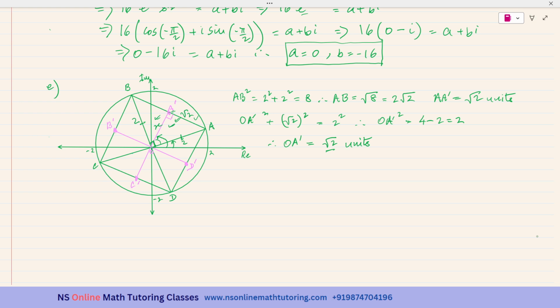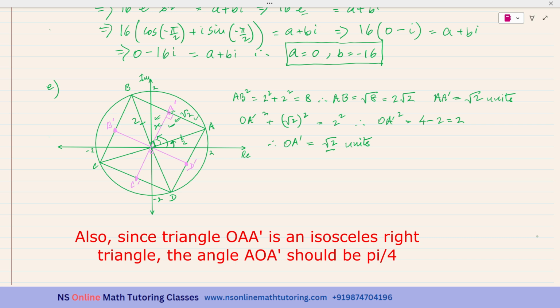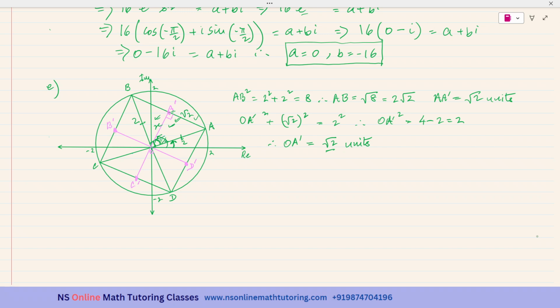So angle AOA prime has to be 45 degrees or pi over 4. And this part we know is pi over 8. So this part is pi over 4 and this part is pi over 8.